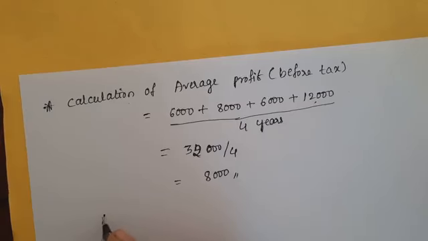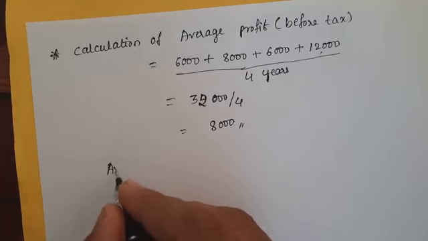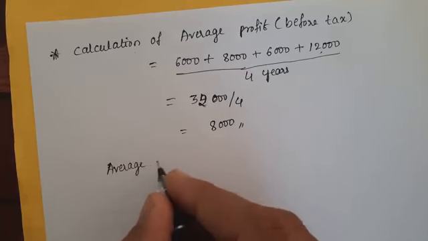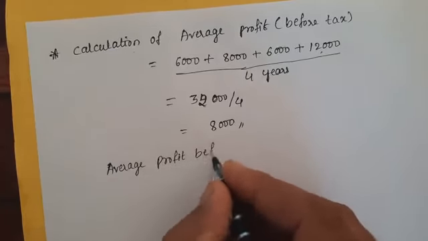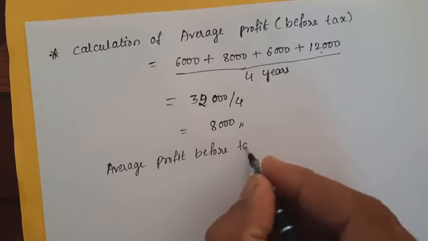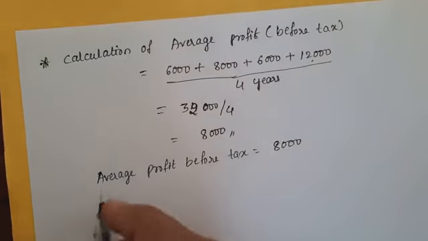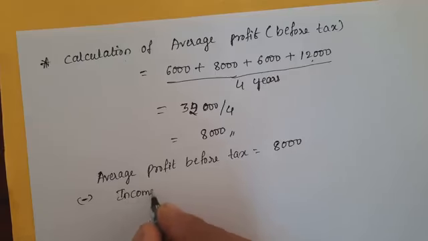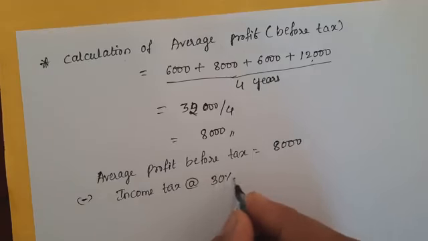Then you have to write: average profit before tax is equal to 8,000, less income tax at 30%.